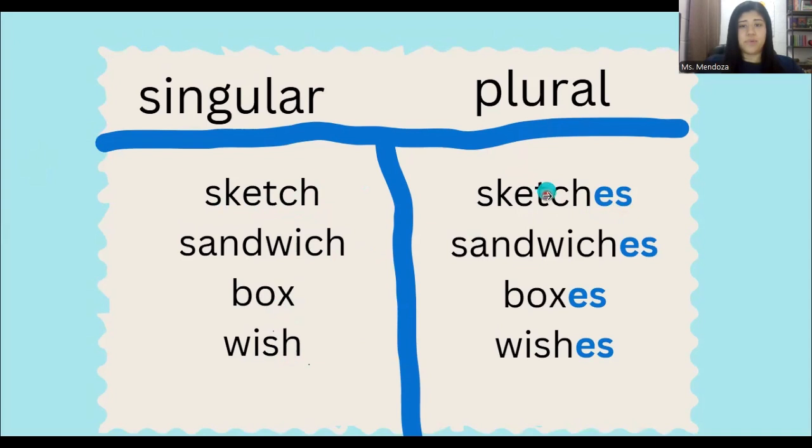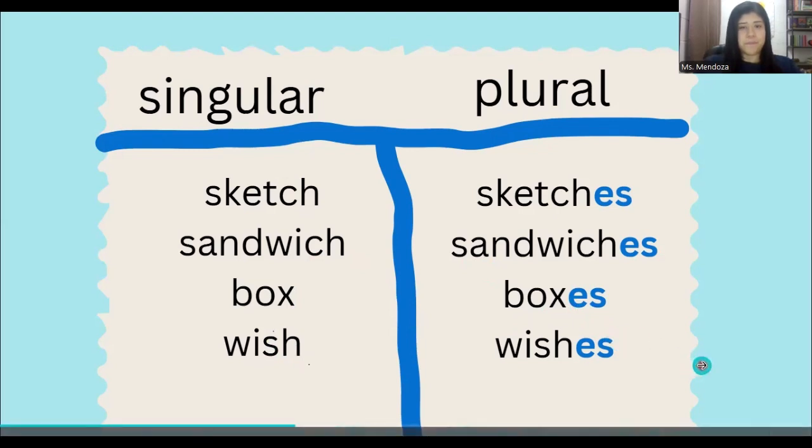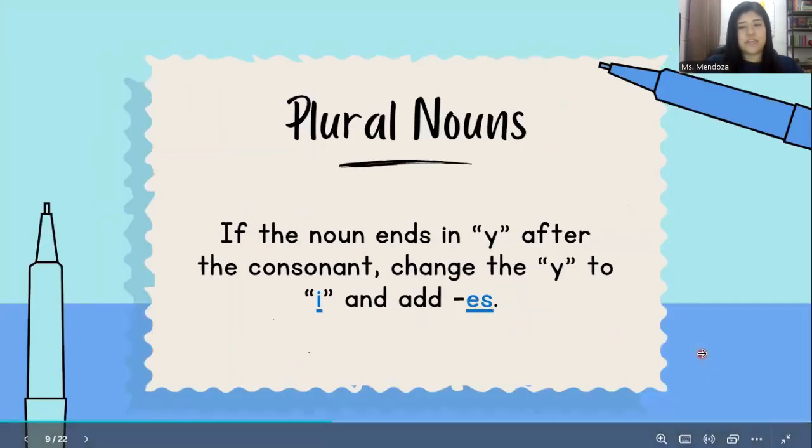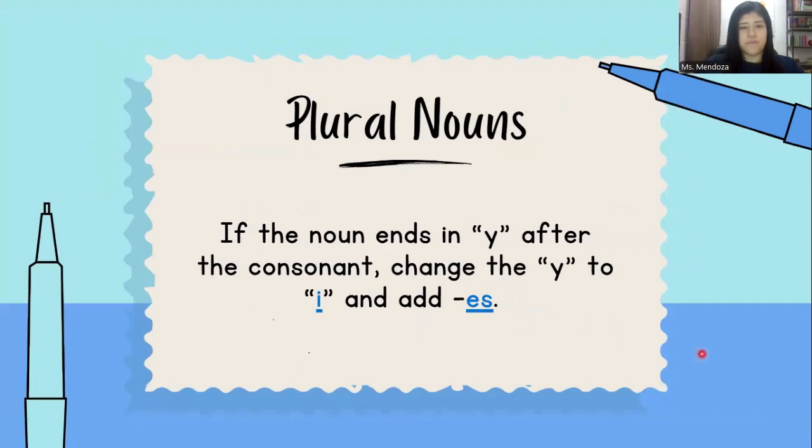In order to make it plural, you would say sketches. Sandwich. In order to make it plural, you would say sandwiches. Box, boxes. Wish, wishes. Okay, so now let's look at a different rule.